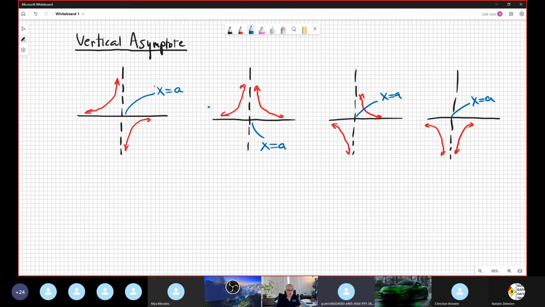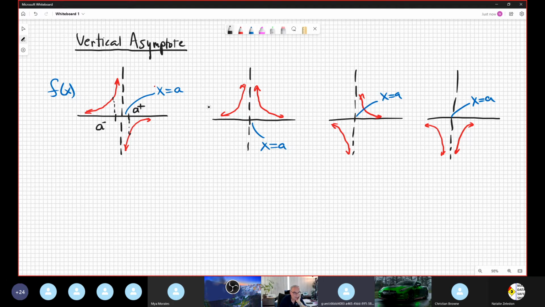Now, if you want to see the shape of this curve, you evaluate the given function a little bit before and after the asymptote. Then I call a plus and a minus.